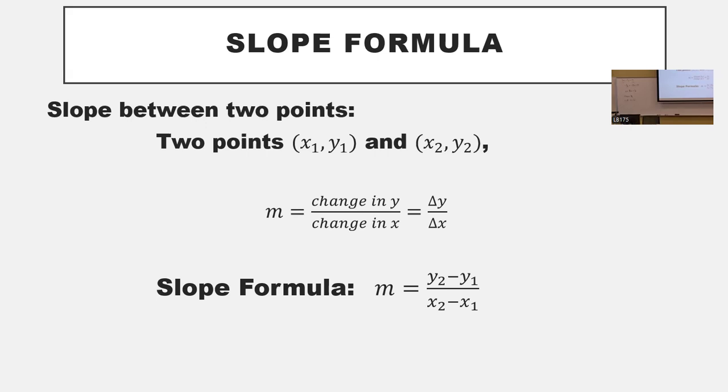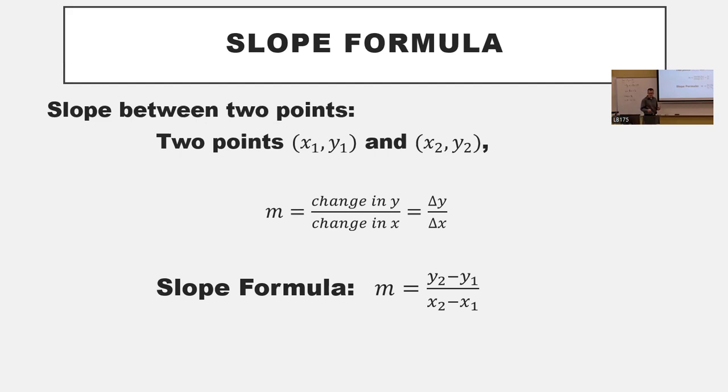So we usually write that as y2 minus y1. That's the y value of point 2 minus the y value of point 1, divided by the change in x, which is going to be the x value of point 2 minus the x value of point 1.